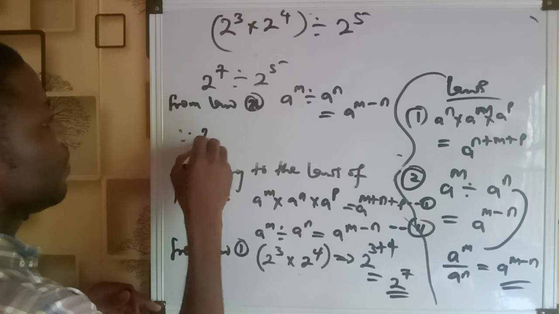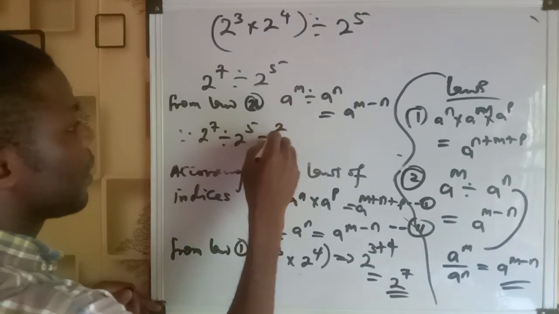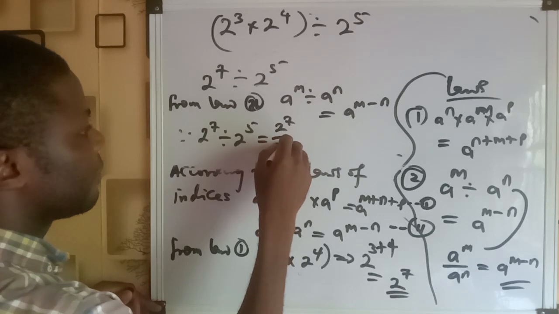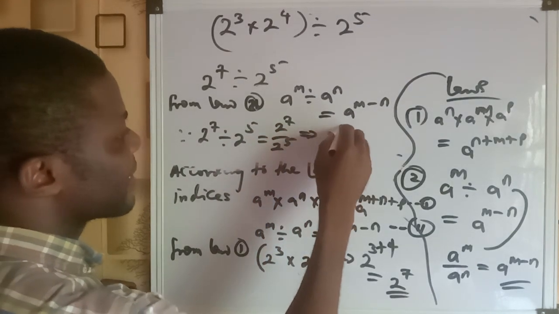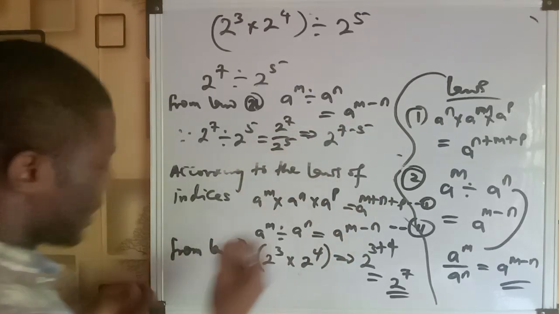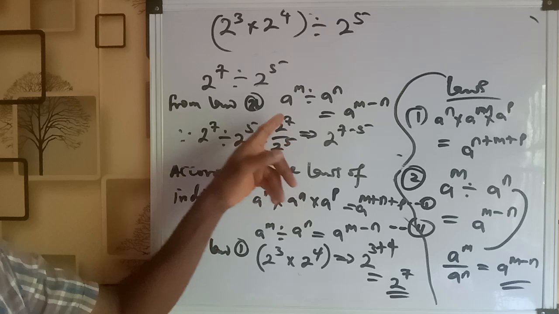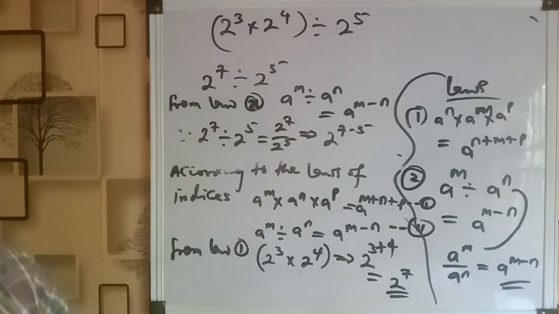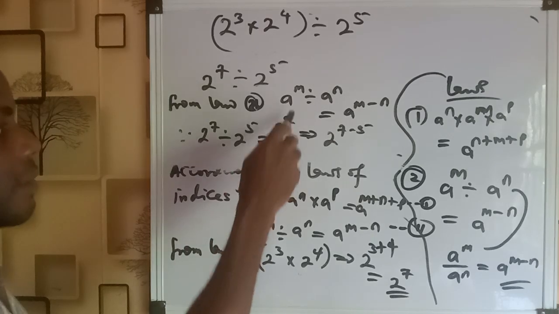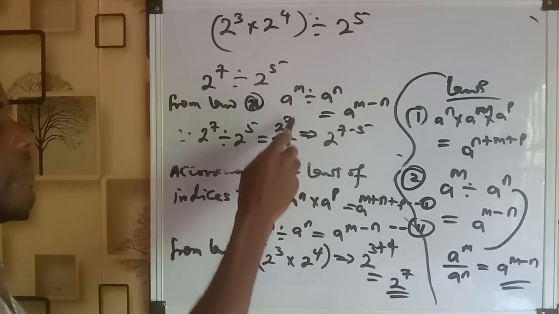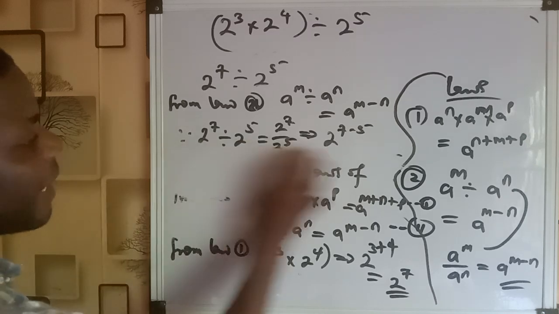Therefore, 2 power 7 divided by 2 power 5 equals 2 power 7 over 2 power 5, which will give you 2 power 7 minus 5. So you collect the indices, both of them, and subtract them. They have common bases 2 and 2. Then the subtraction should exist only between the powers, which are 7 and 5.